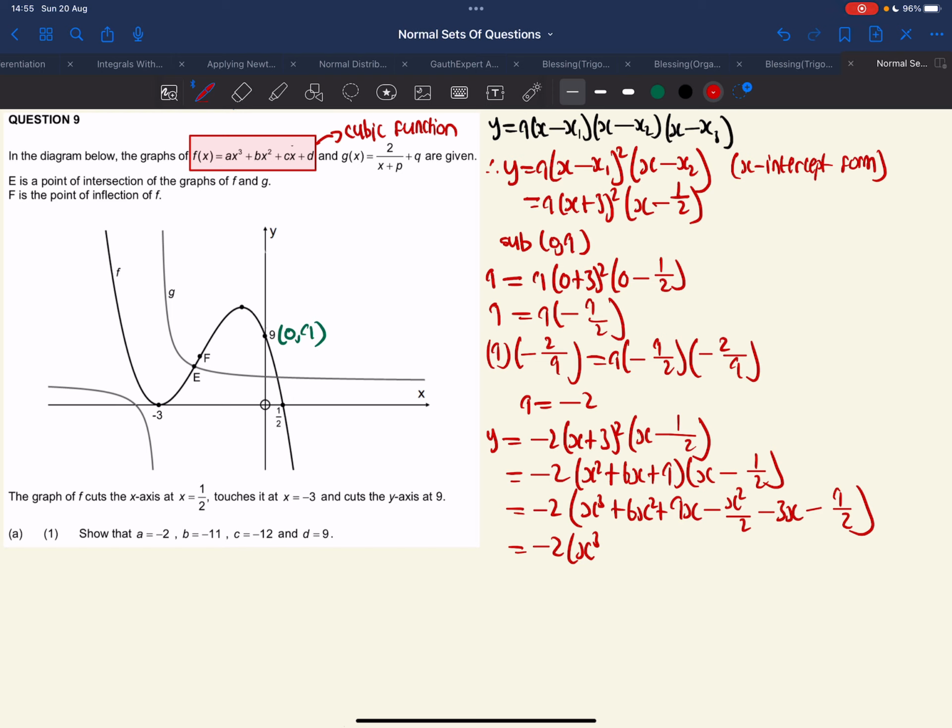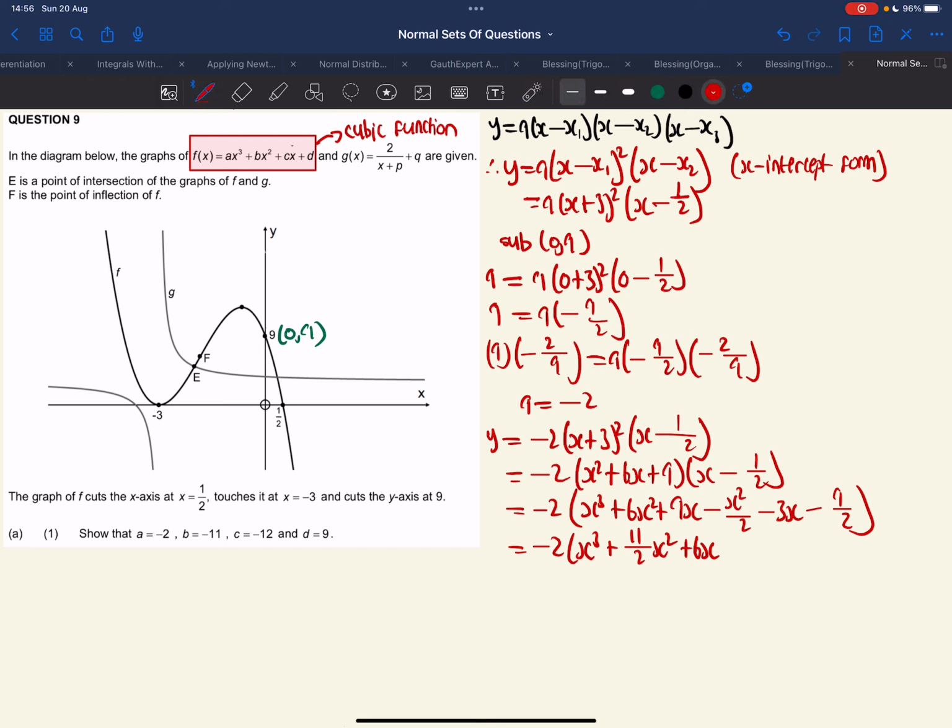Then we can say 6 minus 1 over 2, we get 11 over 2 x squared. Then we can say 9 minus 3 plus 6x, because we are collecting the like terms. That's the like term with this one, and that is also the like term with that one.